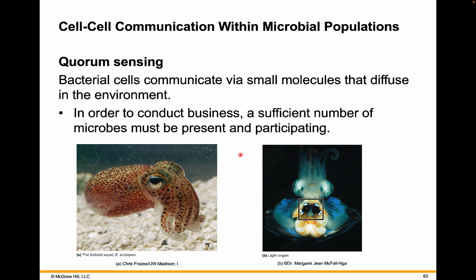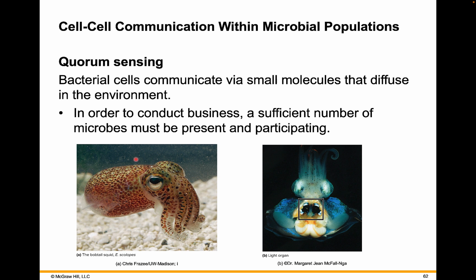So next, cell-to-cell communication within the microbial population is known as quorum sensing. The bacterial cells can communicate via small molecules that diffuse in the environment. In order to conduct business, a sufficient number of microbes must be present and participating. This type of activity is seen in the bobtail squid, which has a light organ.